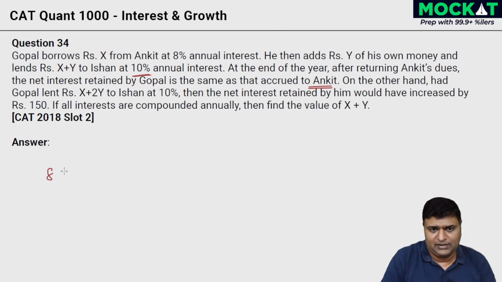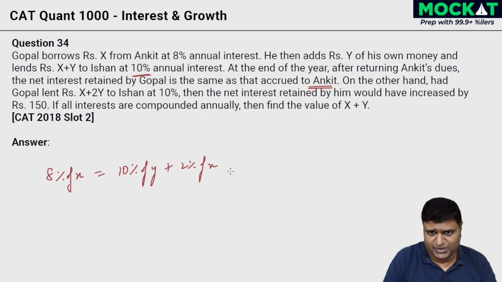What did I give Ankit? 8% of X. What did I keep with myself? 10% of Y, that belongs to me as interest, plus 2% of X. Let me just do it my way and then we'll draw a diagram to visualize that part. I'm keeping 2% of X and returning only 8%.